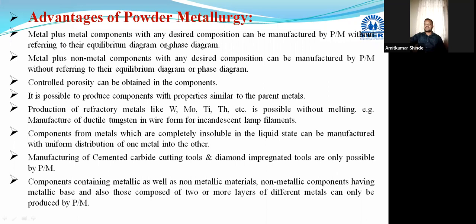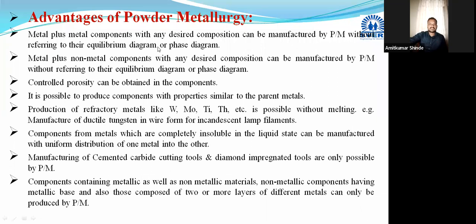As discussed earlier, for steels or non-ferrous alloys, whenever we manufacture any component or alloy, we have to refer to its equilibrium diagram. But here the case is different. Metal plus metal components with any composition can be manufactured without referring to it.